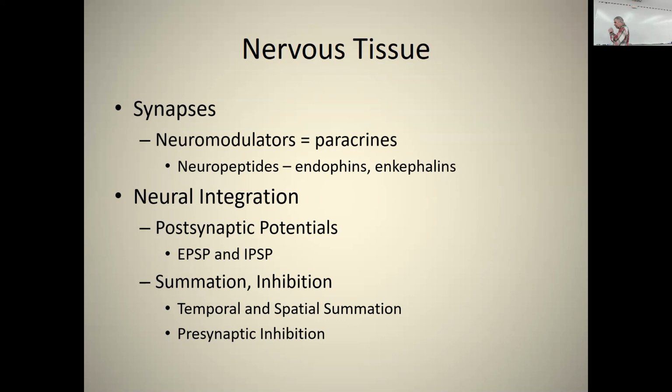And presynaptic inhibition is a synapse on top of another synapse. You have one synapse, and on the side of that synapse, you have an inhibitory synapse. What you can do is turn off a synapse. If this cell fires an action potential down its axon, it causes an IPSP in a synaptic knob of another neuron.